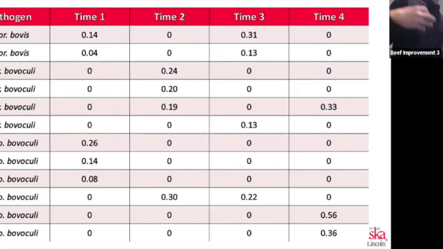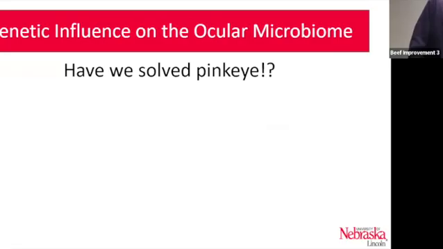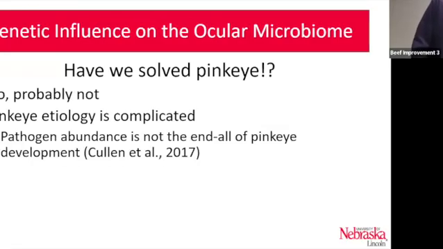What all of this together means is that the bacteria that are thought to be involved in IBK, their relative abundance is in fact at least partially controlled by host genetic influences. So have we solved pinkeye? No, probably not. Sorry.